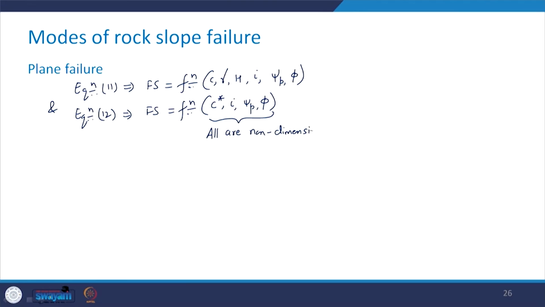So, we do not need to worry about the value of gamma h once we represent the equation for factor of safety in this manner.